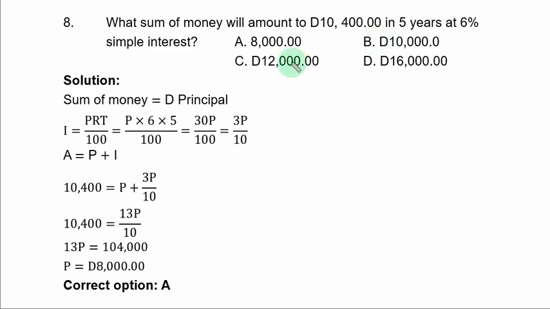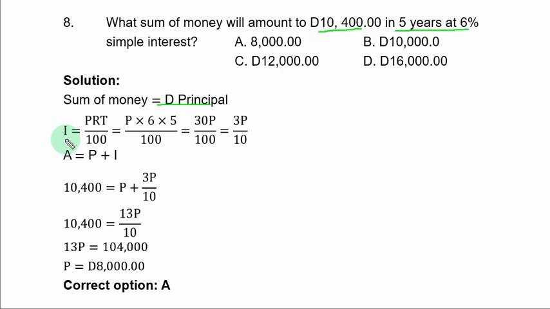Question 8. What sum of money will amount to 10,400D in 5 years at 6%? So you are asked to find the principal because you have the amount, time, and rate. Interest, you have to get the interest.